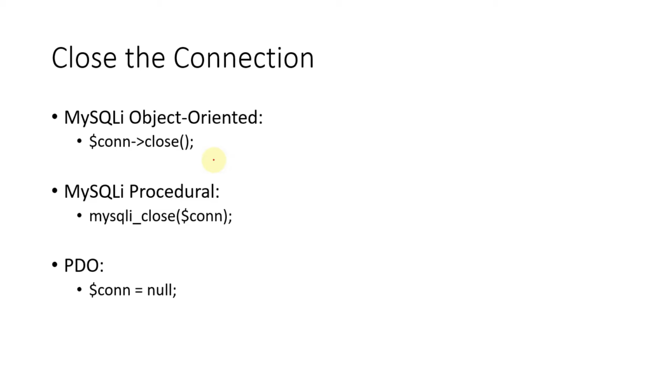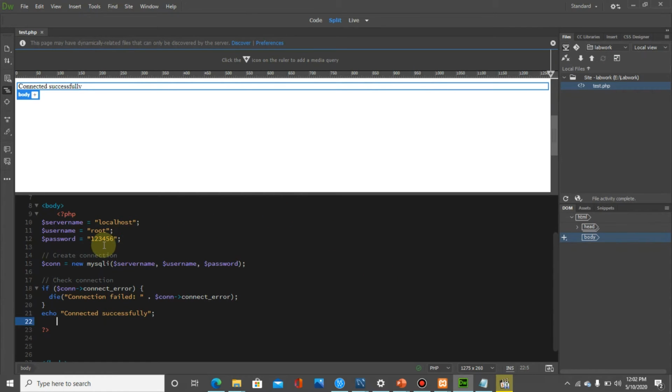So here for MySQLi we use this command to close a connection. For procedural, this was for object oriented. For procedural we have somewhat similar code, and for PDO we put null in the connection object. Now here, for closing this connection, I must type the object.